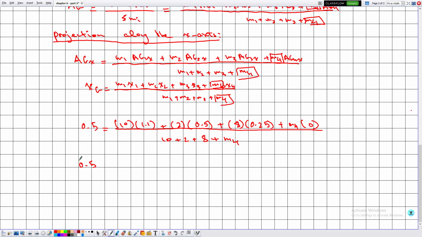Then this equation can be written as 0.5 multiplied by the numerator, which is 10 plus 2 plus 8, which is given by 20, plus m4, which is equal to 11 plus 1 plus 8 times 0.25, which is given by 2. So in this case 10 plus 0.5 m4 is equal to 14. What's the type of this equation?